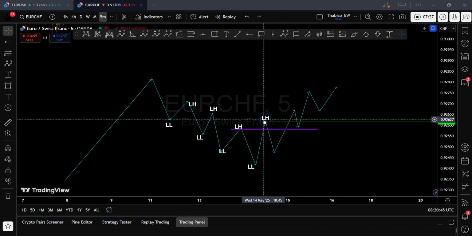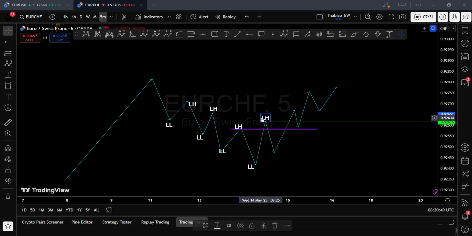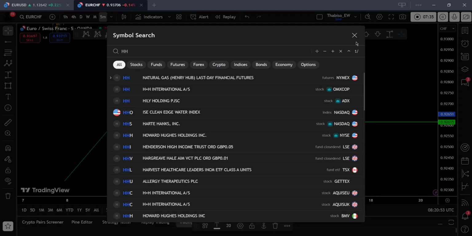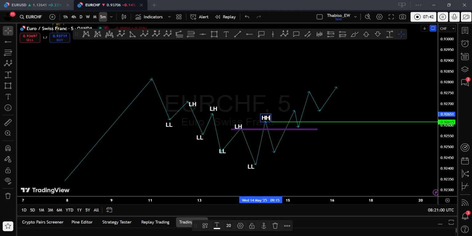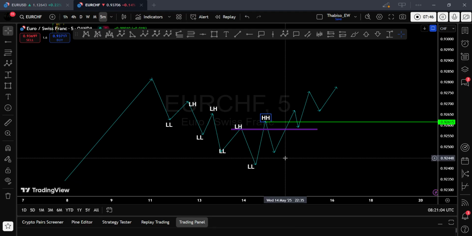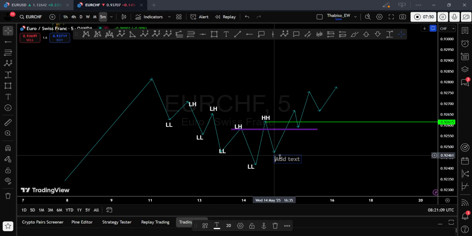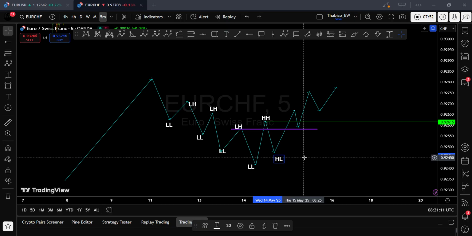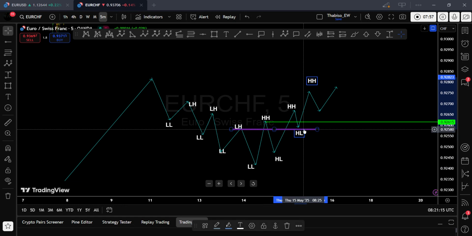So once we come here, we correct and we make a new high, then this automatically becomes a higher high. And because now we are changing direction, this will become a higher low, then higher high, higher low.